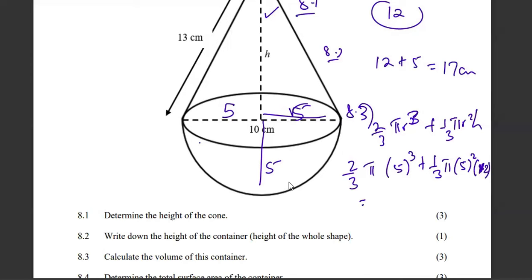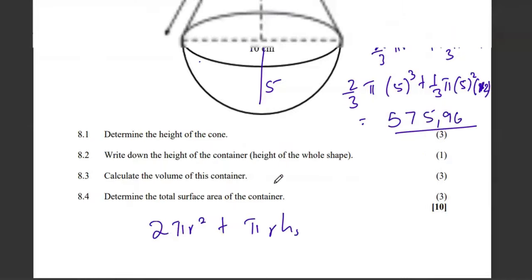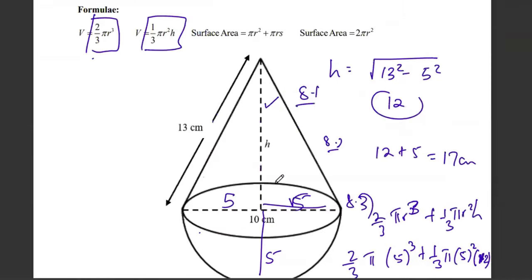Okay, so when I punch everything into the calculator, I'm getting 575,96. And they want us to get the total surface area. Okay, so with the total surface area, we need to use 2 pi r squared plus pi r l. So what does that give us?